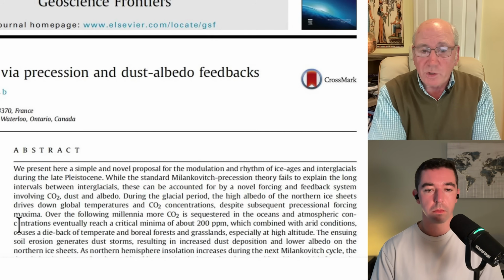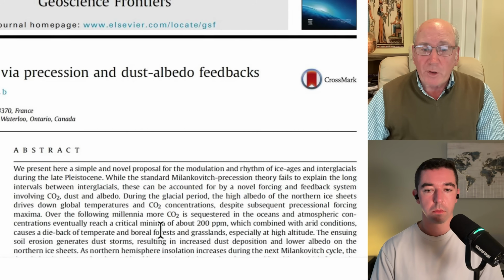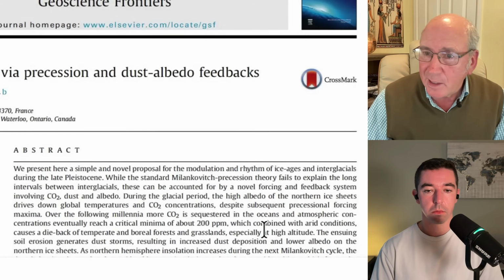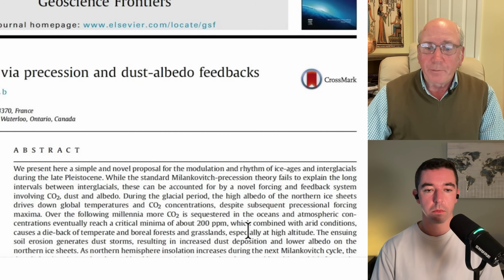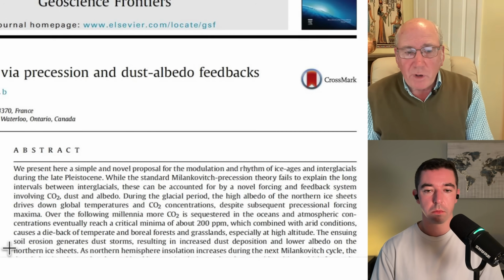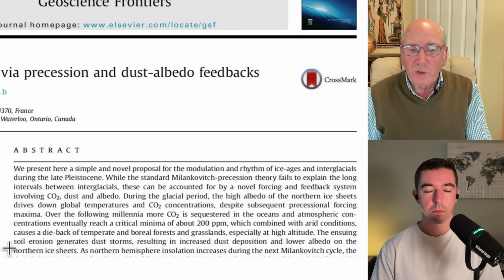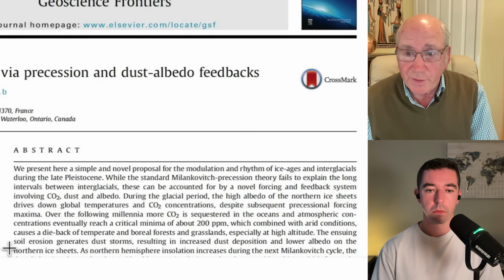So without CO2, the boreal forests, that's the northern forests and grasslands, especially at high altitude, begin to die off. The ensuing soil erosion generates dust storms, resulting in increased dust deposition and lower albedo on the northern ice sheets. And that's the essential thing.